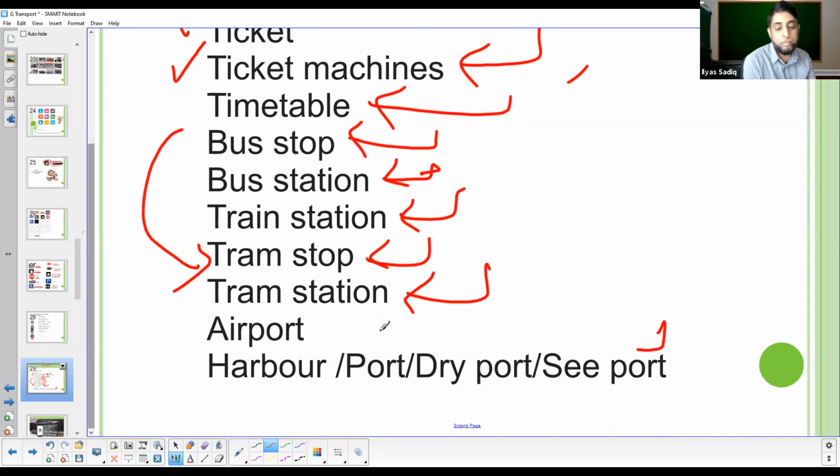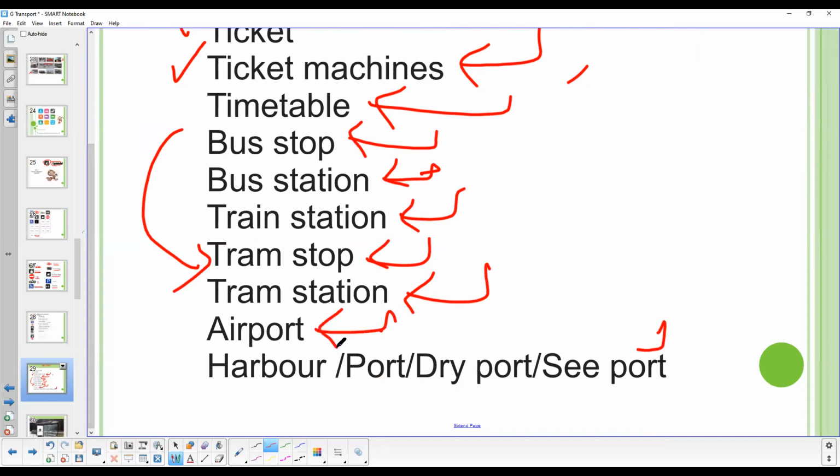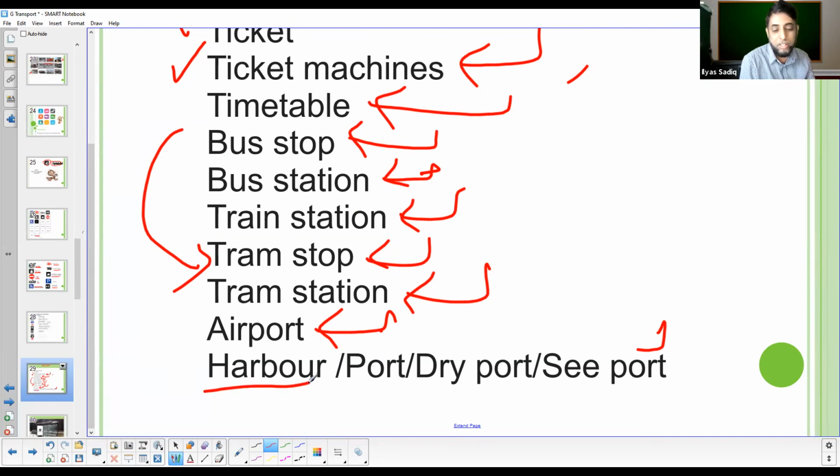And then comes airport. So look at that. These vocabulary words are used for different transportation, like bus stop, bus ticket, tram station, tram stop, tram ticket, right? And then airport. Then what is a harbor and port or dry port or seaport?